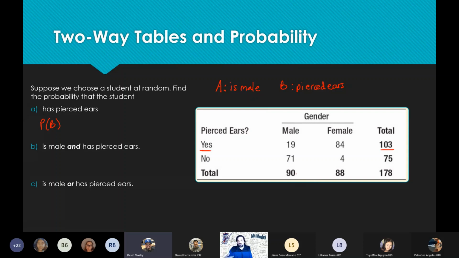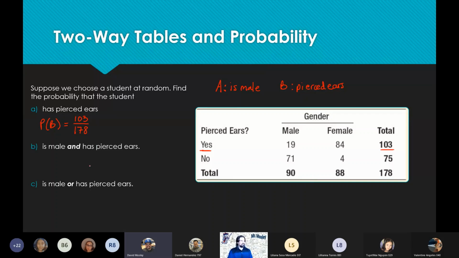We're not considering gender in this case, we're just asking the probability that the student chosen has pierced ears regardless of gender. Okay, so that will be 103 out of 178. Again, we'll just leave it as a fraction.